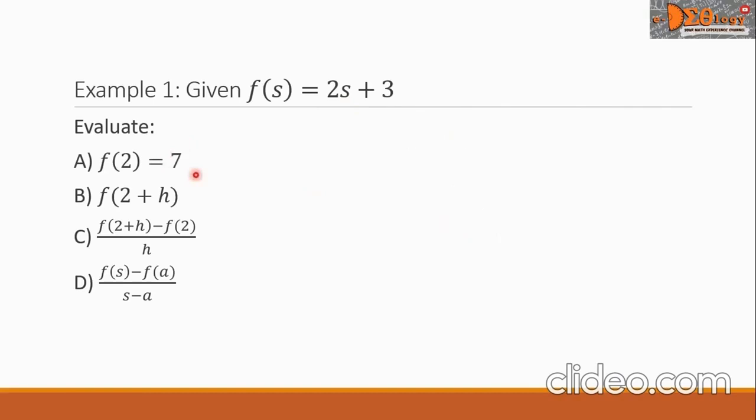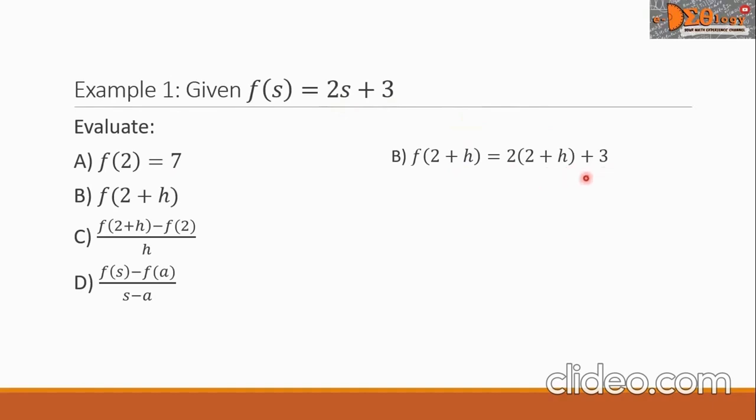Then we will proceed with letter B. The f of 2 plus h. The same idea. I am going to copy the same function. I will write here, but for the s, I am going to substitute the value 2 plus h. So we have now 2 times the quantity 2 plus h, then plus 3.